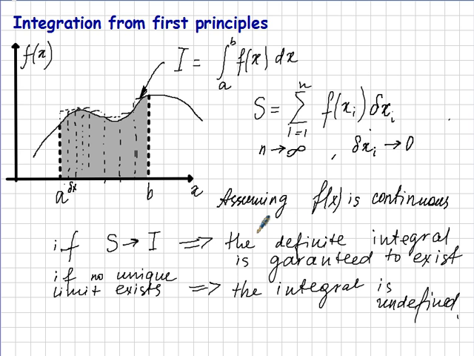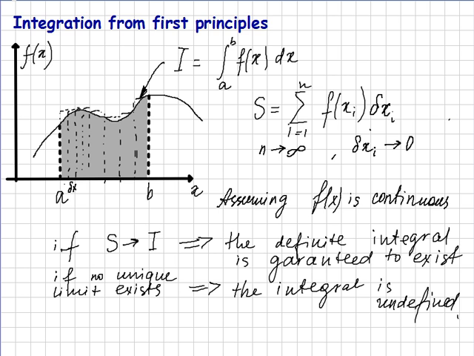Assuming that f of x is continuous, this sum tends to a specific, unique limit, that is I. So if our function is continuous, then the definite integral is guaranteed to exist, and we will definitely find a definite value for I. If no unique limit exists, then the integral is going to be undefined.